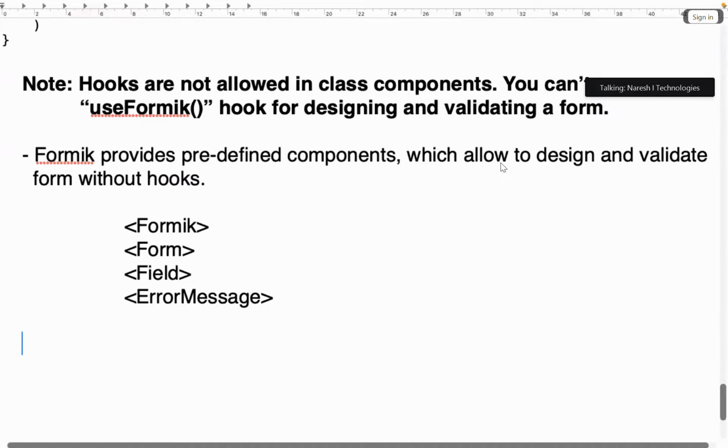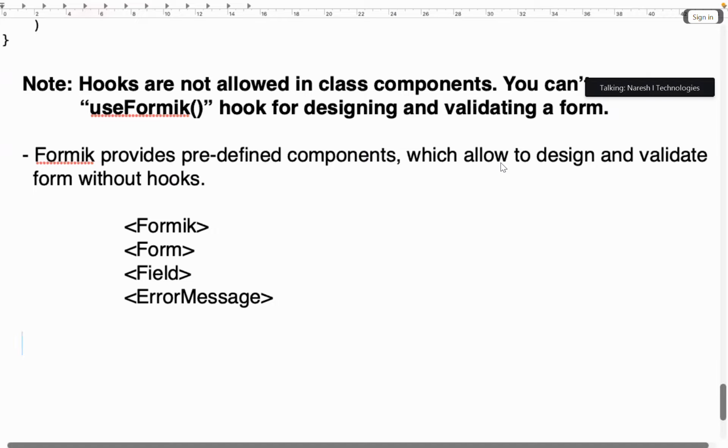If you want to use ready-made, then better you go with this. How to use this, we will see tomorrow. In tomorrow's session, we will learn how to use these components. Then you will feel it is simpler than what you have learned. That means it's a simpler way of validating.